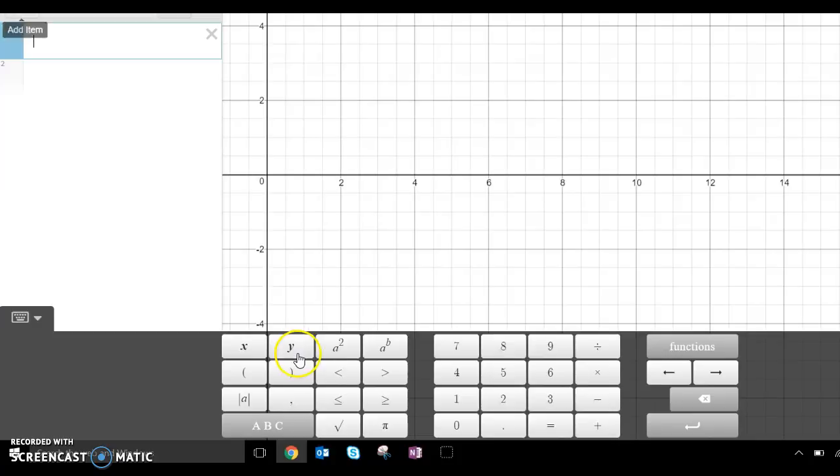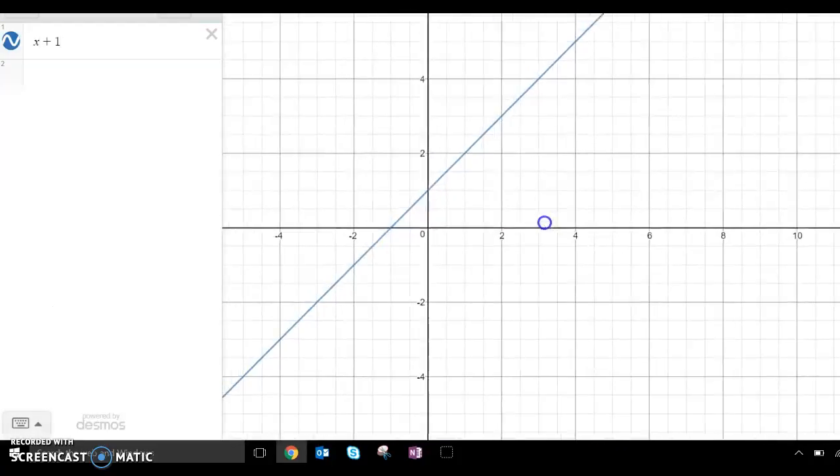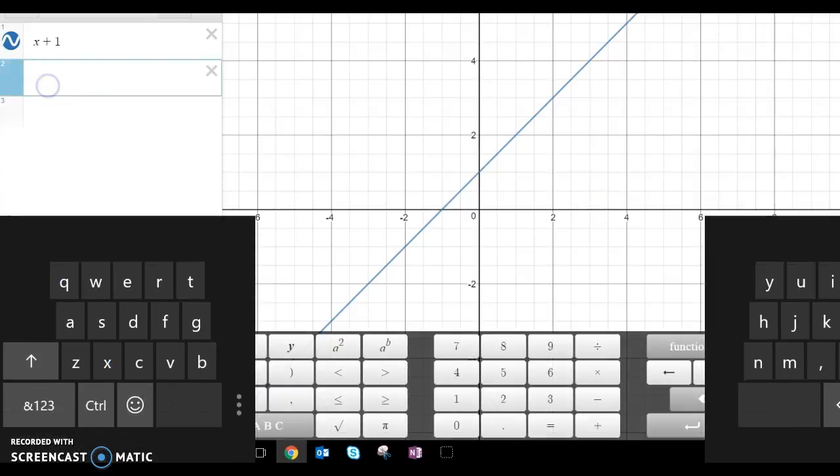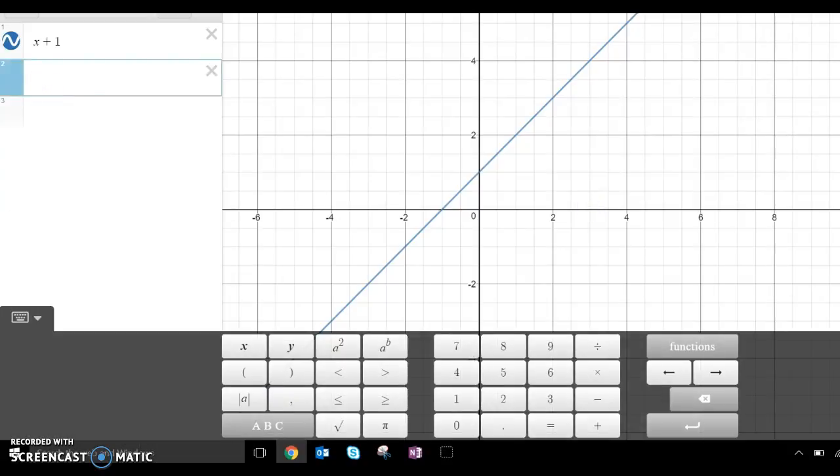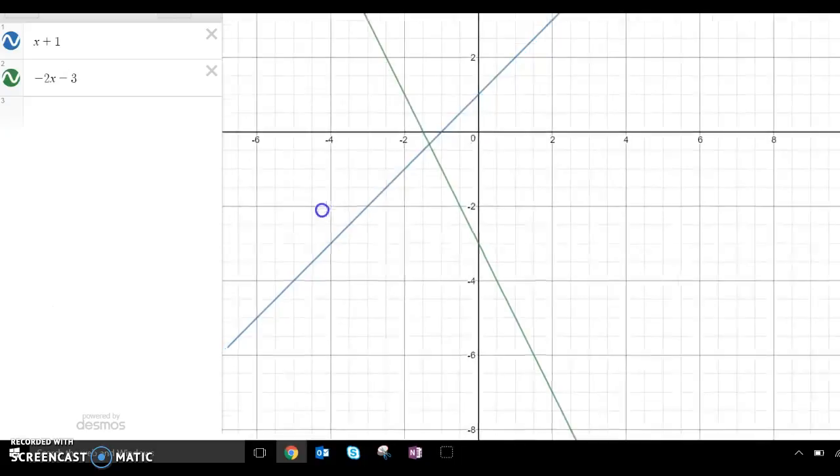I've got x plus 1, and now I'm going to put in my other one, which is negative 2x minus 3. The blue line is my x plus 1, and the green line is my negative 2x minus 3. So this is just plugging in both functions without putting any restrictions on them.